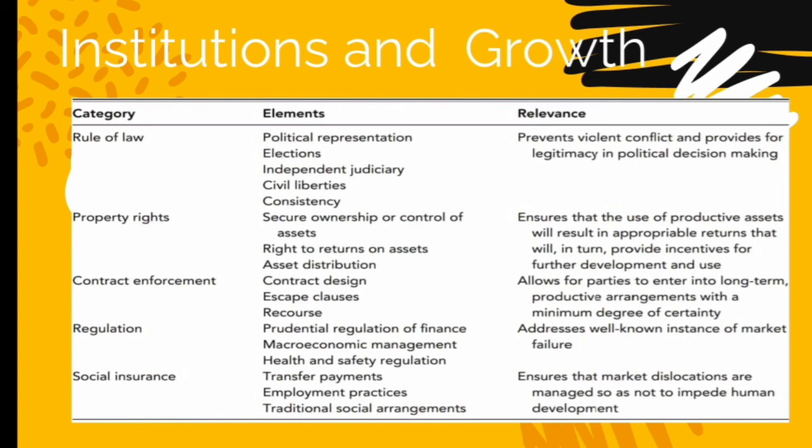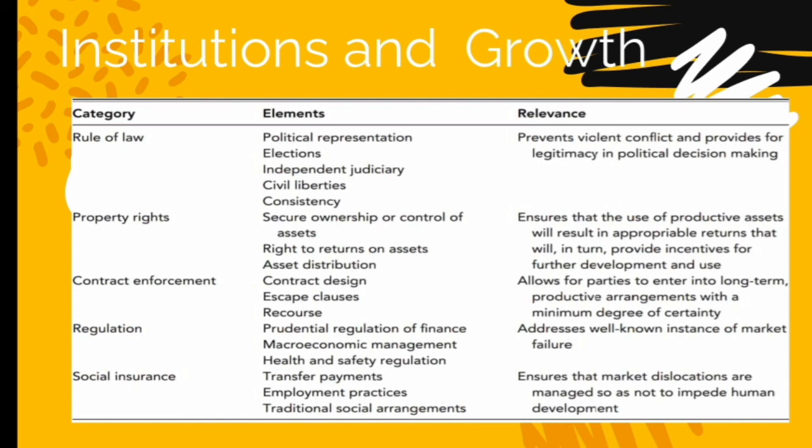Next, contract enforcement. Because market systems rely on complex sets of contracts with varying degrees of intertemporality, if the process of entering into and exiting from these contracts is not regularized, it will cause confusion.